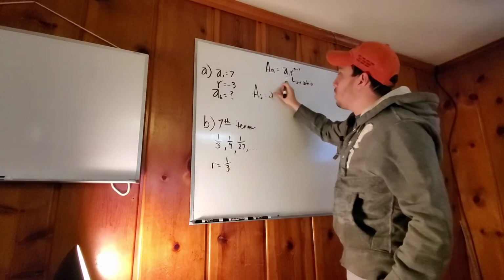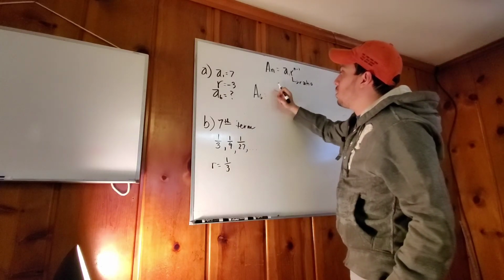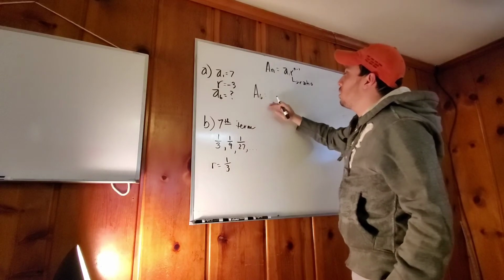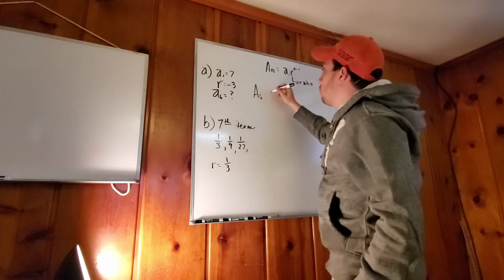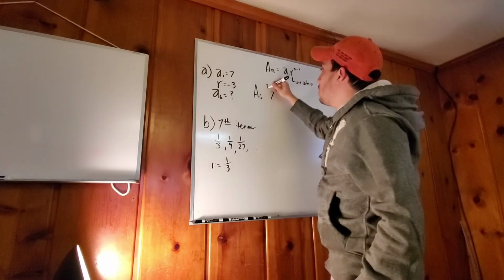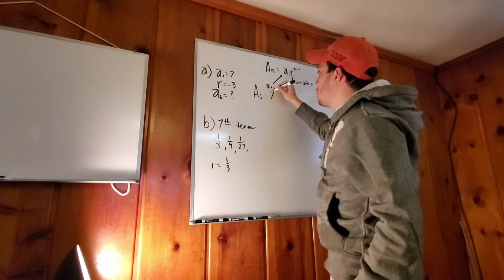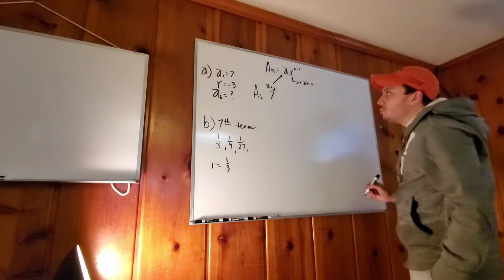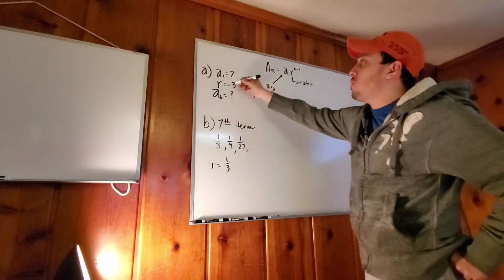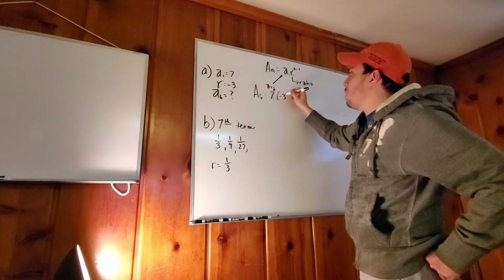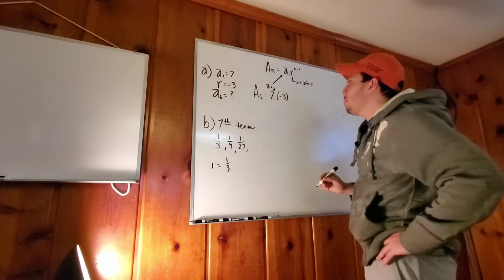Let me just write this here. I'm going to write 7 here, but we know that this is A1, right? So this comes from here, and this is this part right there, right? So that's 7. The ratio that tells us is negative 3. Okay, so it's negative 3.